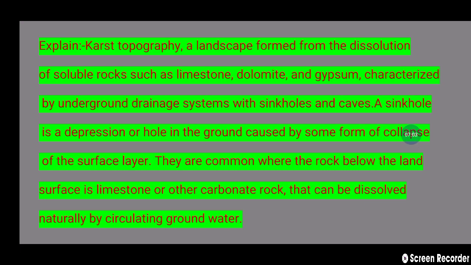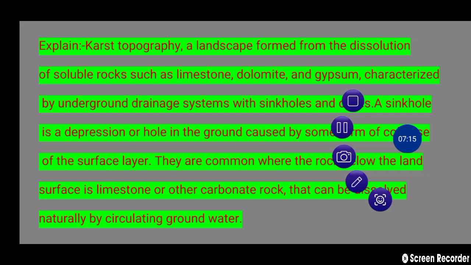Question 108, explanation: Karst topography is a landscape formed from the dissolution of soluble rocks such as limestone, dolomite and gypsum, characterized by an underground drainage system with sinkholes and caves.